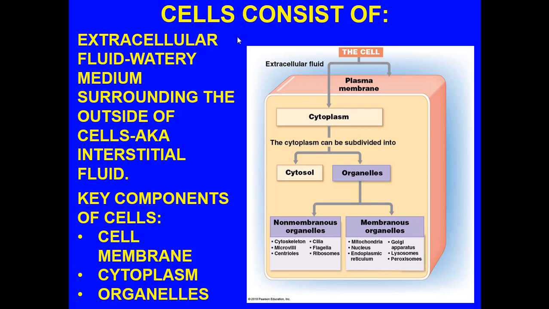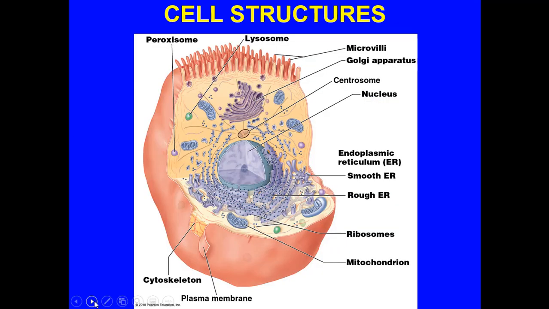As I said, there are key components of cells: the cell membrane, the cytoplasm, the organelles. Now the organelles, one of them is the nucleus. We're going to explore all of them in more detail.